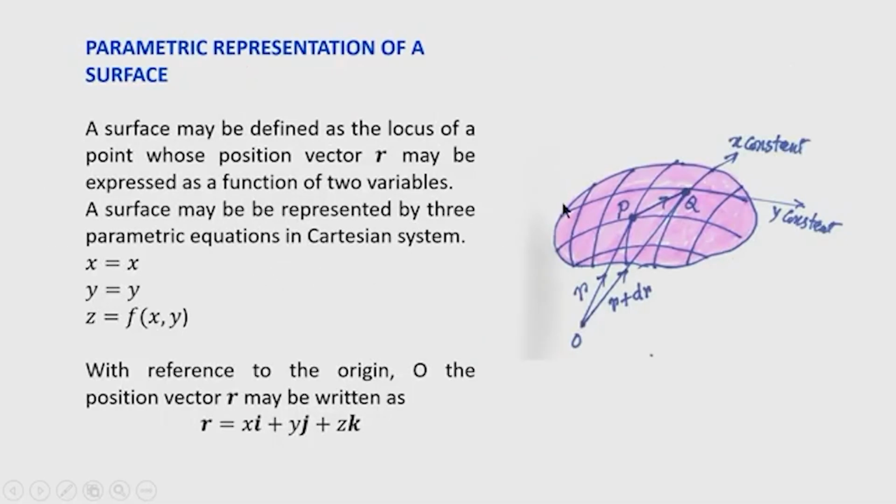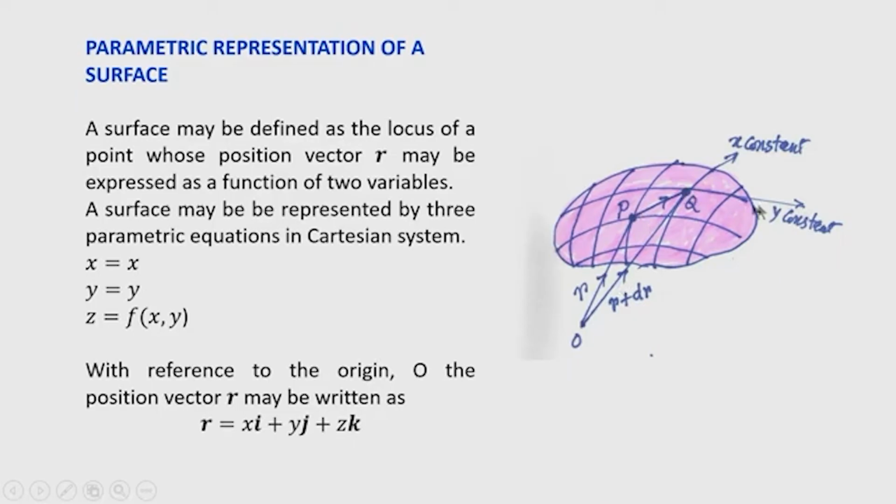Now, as I have told, the shell element is characterized by a surface. So, let us see what are the fundamental properties of the surface and how the surface can be represented with parametric equations. Here you can see a surface, and the curved lines you are seeing in both directions, orthogonal directions, in x direction as well as in y direction.